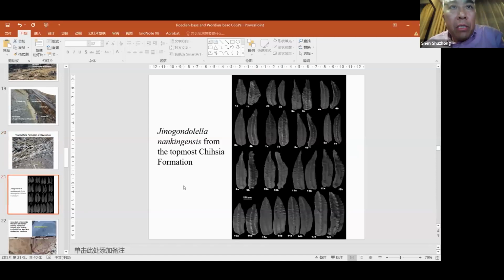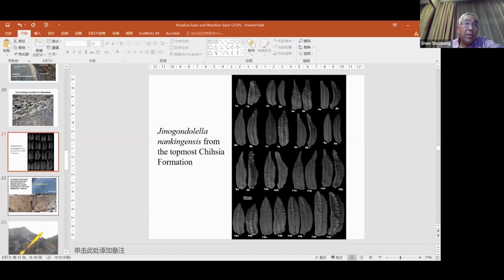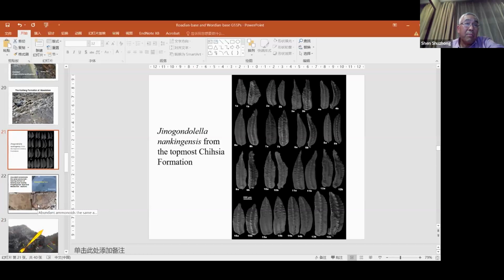And then this is the Gymnogondolella nankingensis from the topmost part of the Qixia Formation. It's quite typical for the Gymnogondolella nankingensis population. So Gymnogondolella nankingensis began to occur in the topmost part of the Qixia Formation, so slightly below the former base of the Guadalupian series in South China, as at Zhengpanshan or something.